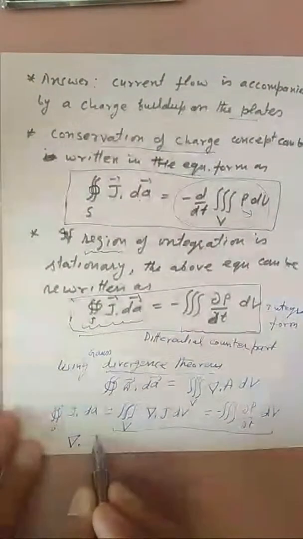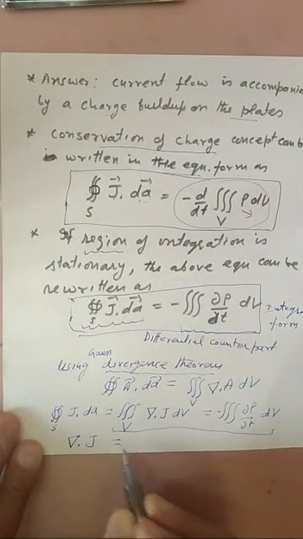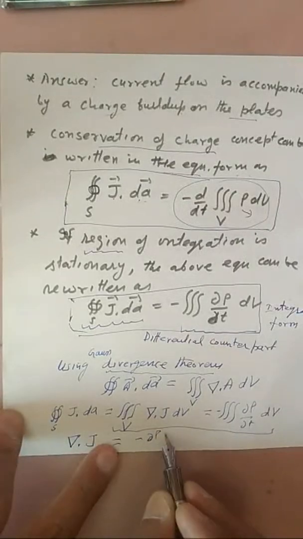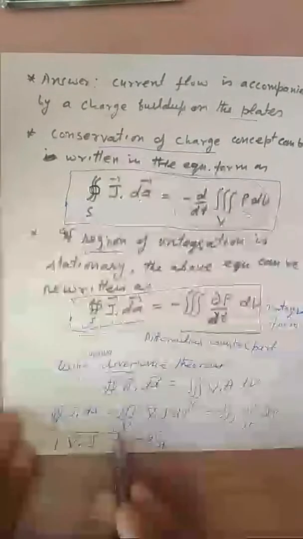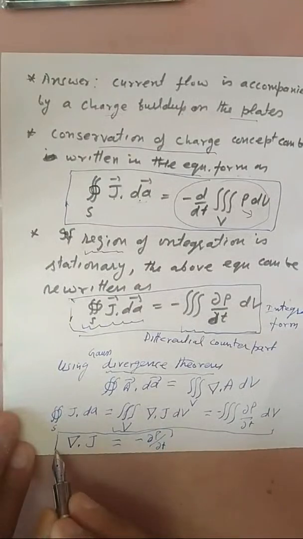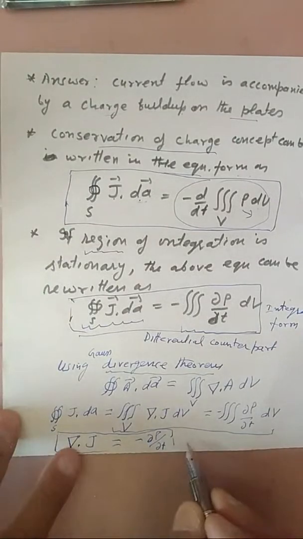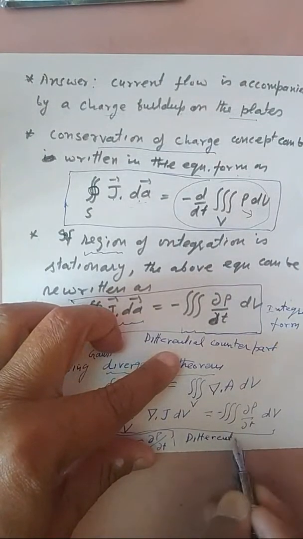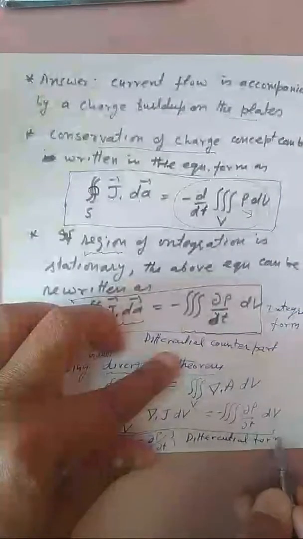If we solve this, we get the divergence of J equal to minus curly rho by curly t. This is the differential form of the equation of continuity.